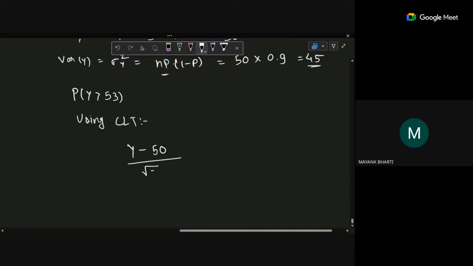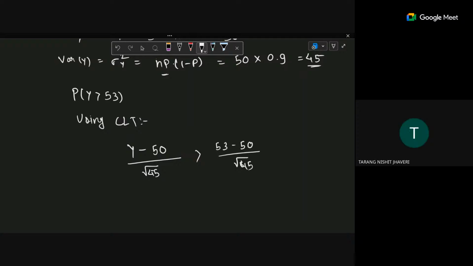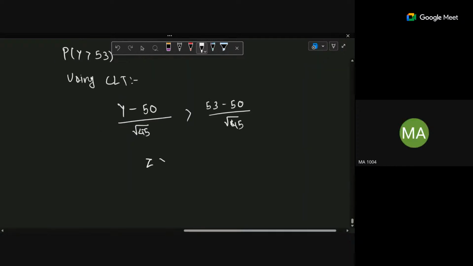And this side, y minus 50 upon root 45, we can call it Z. So Z greater than 3 by square root 45, right?